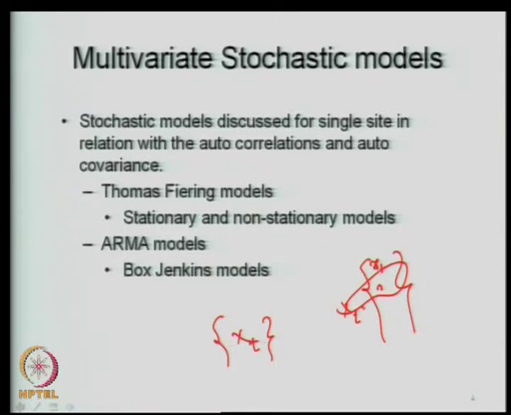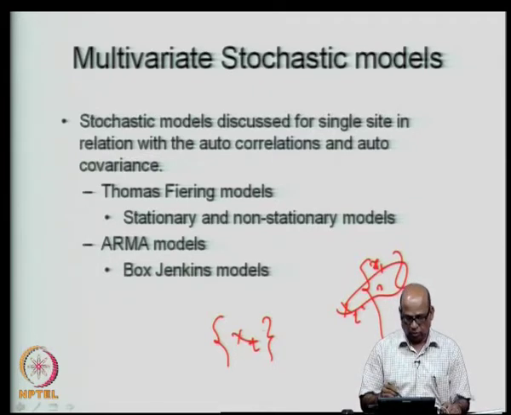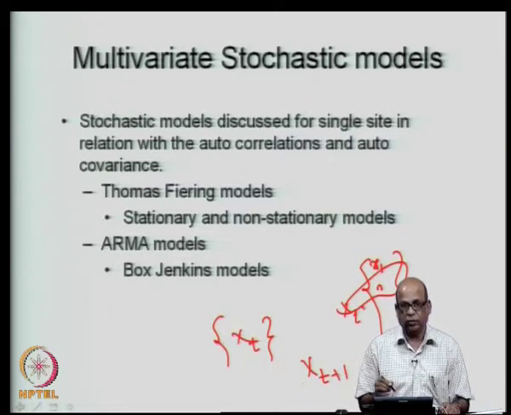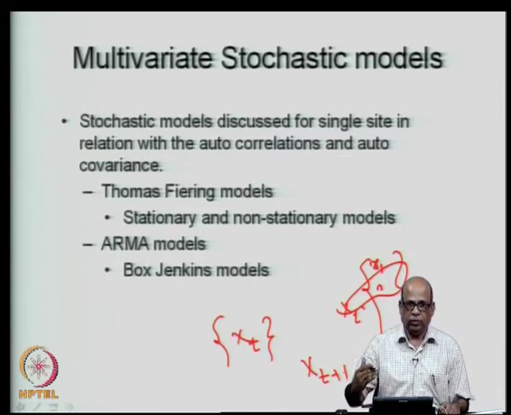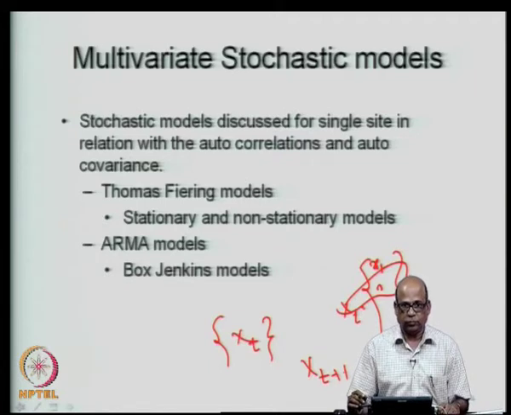So, with respect to time, you have measured the values on the random variable x, and that is what constitutes a time series. So, we were talking about single site models. At one site you have the observed data, and then you are building the models for x t plus 1. Given x t, we are building models on x t plus 1, and this is what we use for long term generation of the data as well as for forecasting of the data.